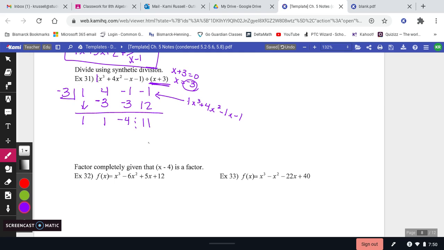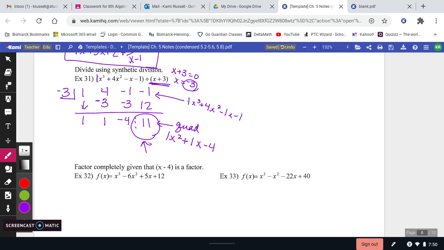So we divided by a linear term, x plus 3. So if I take an x cubed, divide it by an x, that takes you down to a quadratic. Okay, so this becomes the coefficients for a quadratic expression. So what this says is 1x squared plus 1x minus 4.